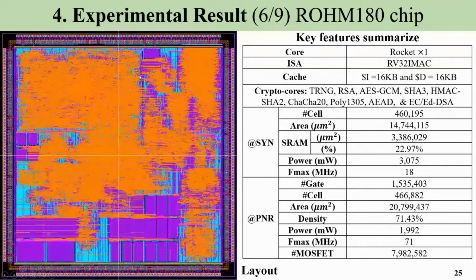This chip is 5x5, so the area of the core fits very nicely in the die of 5x5 millimeters square. The overall density is about 71%, about 8 million MOSFETs.